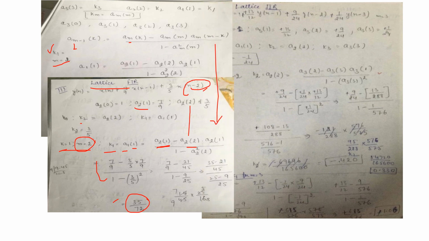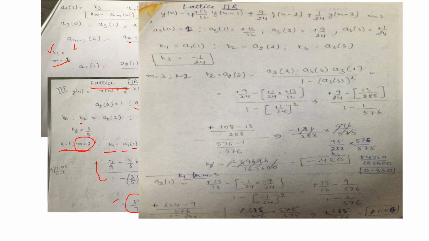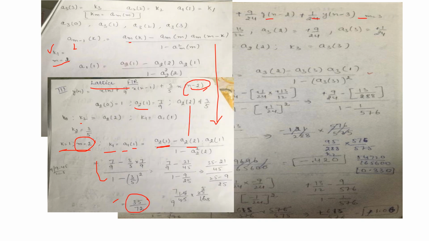It has y of n minus 1 term, y of n minus 2 term and y of n minus 3 term. Y of n minus 1, n minus 2, n minus 3 terms mean you have feedback. Okay? So from this equation it is clear that it is the equation of IIR and you have to draw the lattice structure of this IIR filter. How will you draw the lattice structure of this IIR filter?